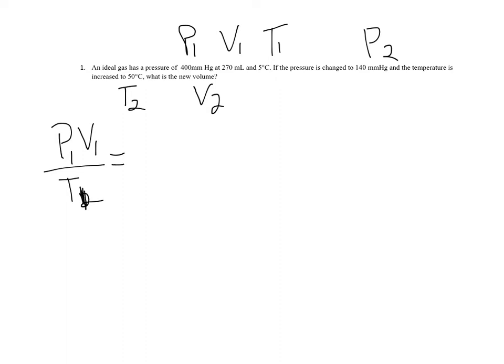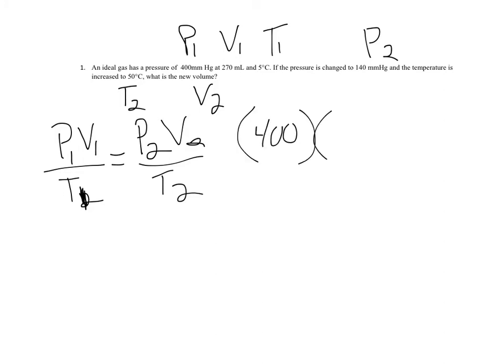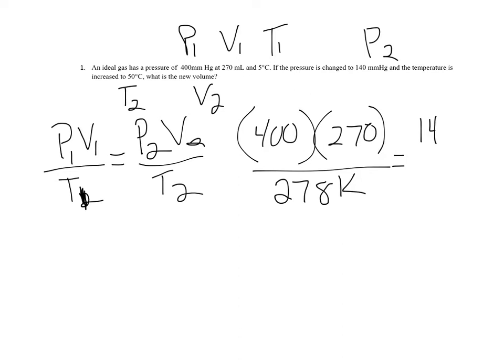P1 V1 over T1 equals pressure 2, volume 2 over temperature 2. Then we plug in the numbers we're given. The starting pressure is 400. The starting volume is 270. The starting temperature is 5 degrees Celsius, which plus 273 is 278 K. And that equals 140 times V2 divided by the new temperature, which is 50 plus 273, or 323 Kelvin.